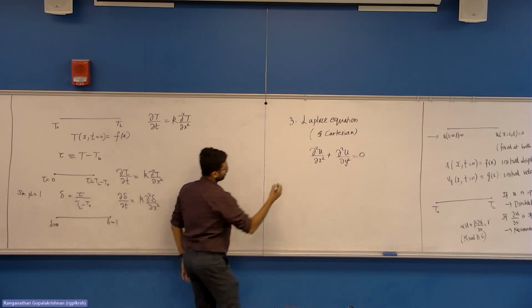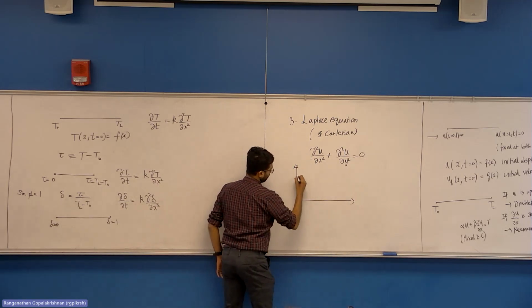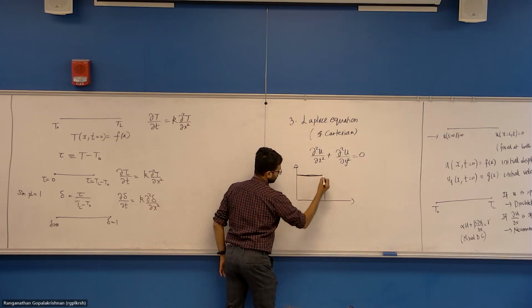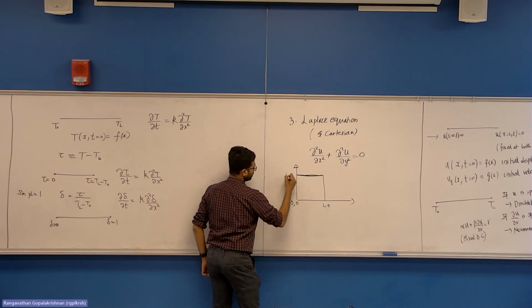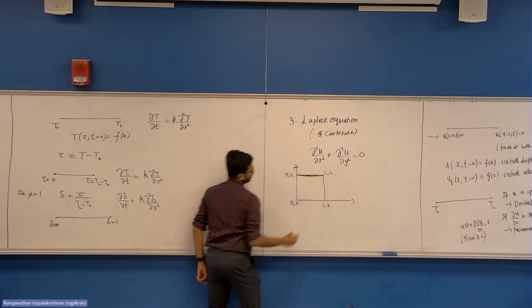Our domain is obviously extending in 2 dimensions. And for simplicity, we'll consider a square domain. This is (L, 0), (0, 0), (0, L), and (L, L).